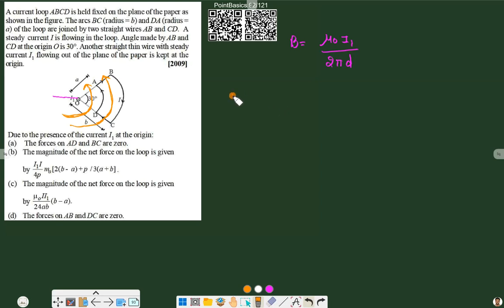First, let's come to the force on AD. Force on the arc AD will be I, the current in AD, into L cross B. This B is the magnetic field due to the wire at the center.